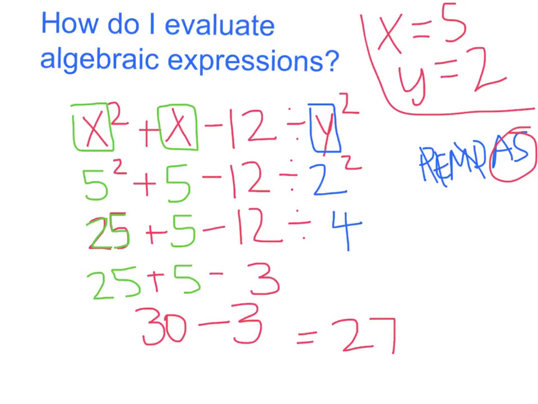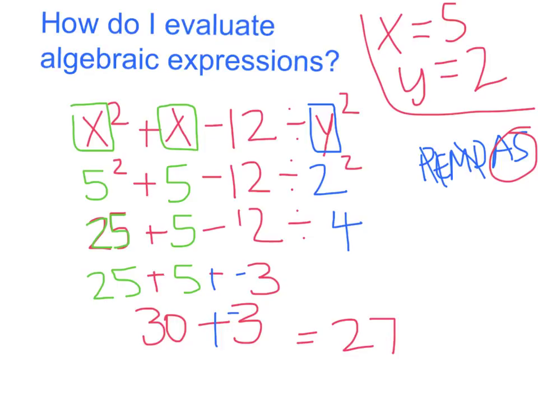Now, you might be saying, well, Miss Singer, aren't we supposed to add the opposite? Yeah, you can. You'll still get the same answer. So I get 30 plus negative 3, which is 27. It doesn't really matter.